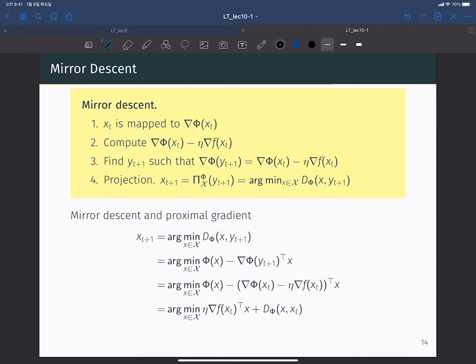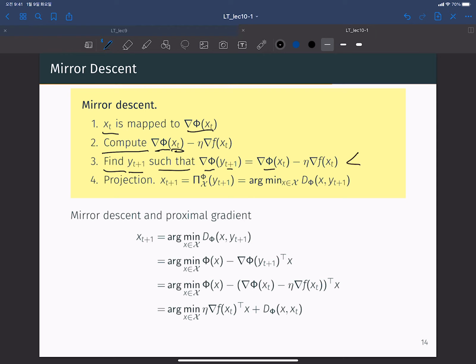So more precisely, x_t is first mapped to gradient of pi at x_t, and then we compute gradient of pi(x_t) minus eta times gradient f(x_t), and then find y_{t+1} such that gradient of pi(y_{t+1}) is equal to gradient of pi(x_t) minus eta times gradient f(x_t).